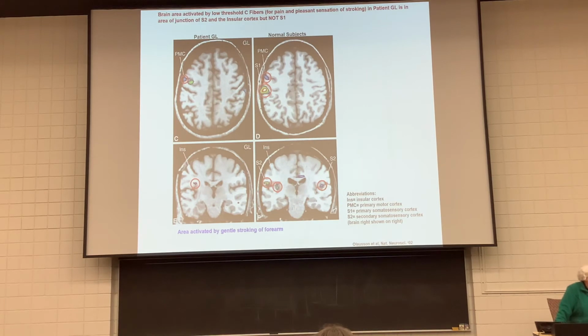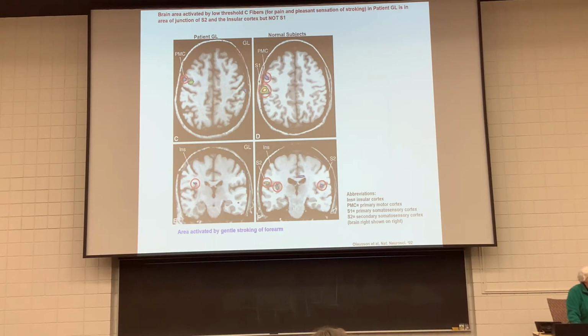And then when they did the functional MRI, remember these fibers are not detecting pain. Let's look at the normal subject first. Here's primary sensory cortex, and it's lit up. Somebody is touching the forearm.